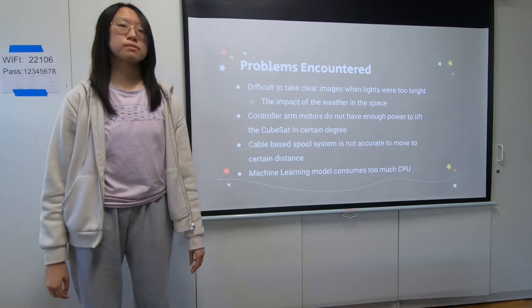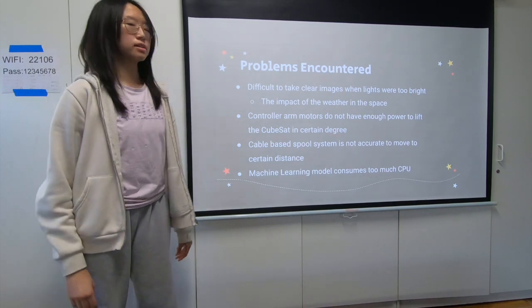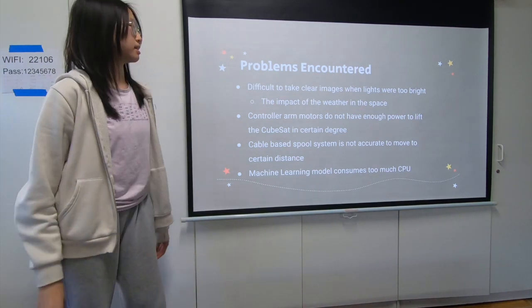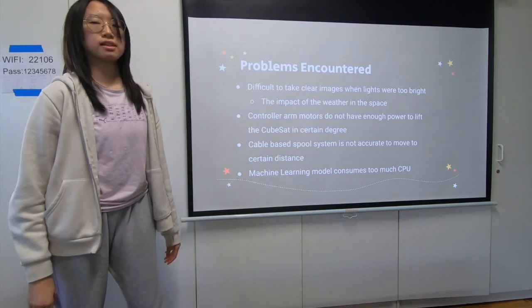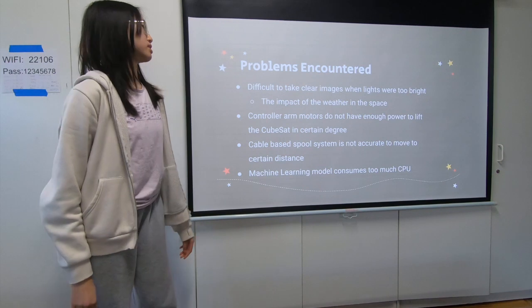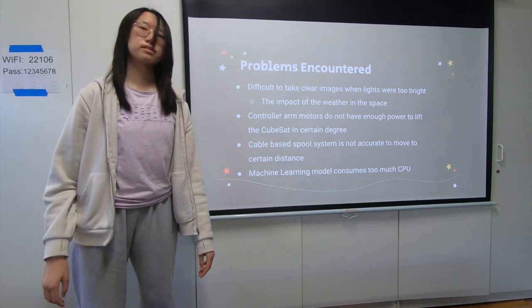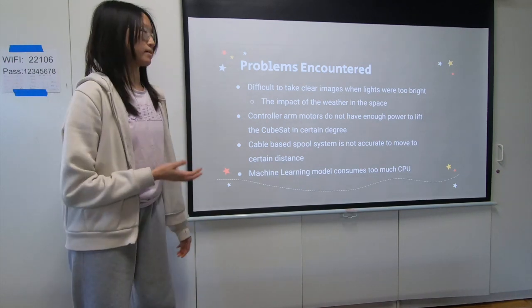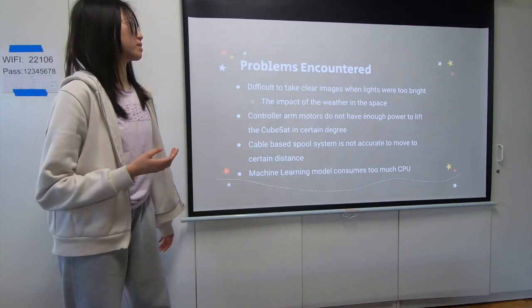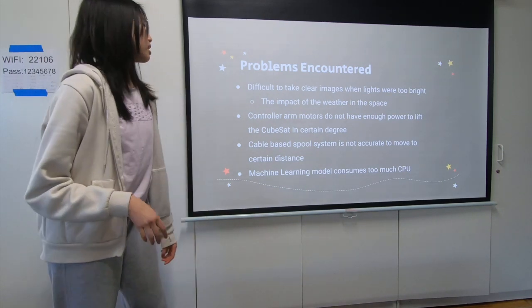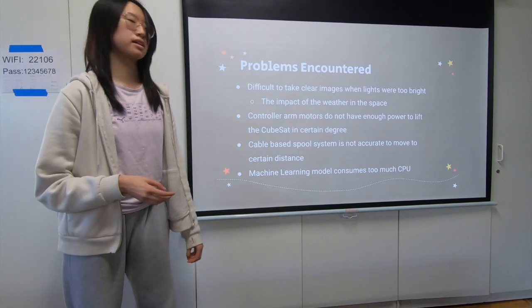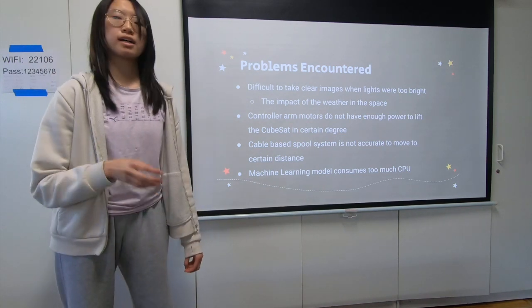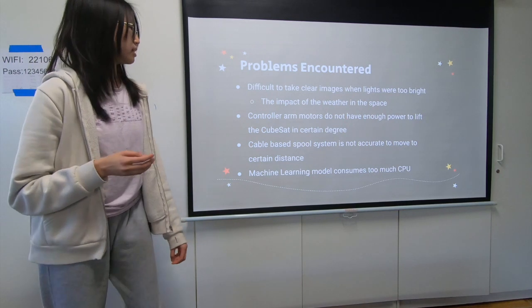So here are some problems that we encountered. One issue we ran into was that it was difficult to take clear images when the lights were dim. This may mean that when there's certain weather, really cloudy weather, it might be difficult to get accurate photos. Also, the controller arm didn't have enough power to raise the CubeSat to really high degrees.